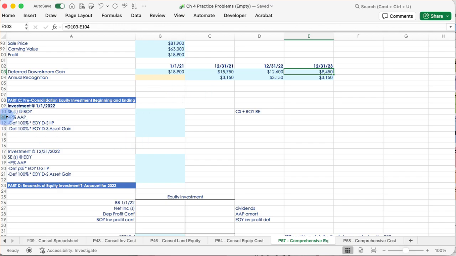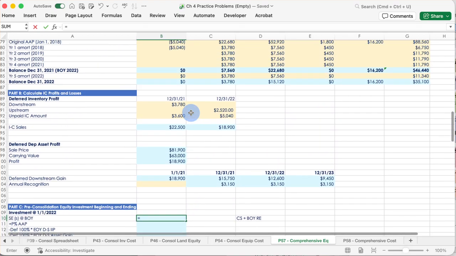Part C is asking us to look at the pre-consolidation equity investment beginning and ending balances. So we'll start up here looking at the investment as of the 1st of 2022. If we go grab the stockholders' equity at the beginning of year, I made a note to you that you'll have to get the common stock and retained earnings to figure that out.